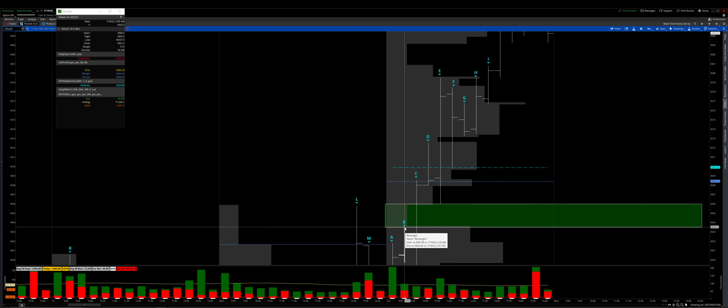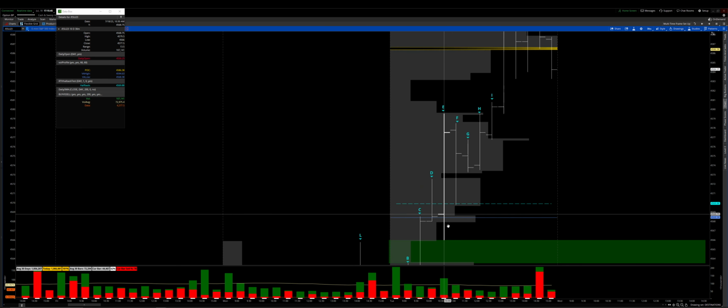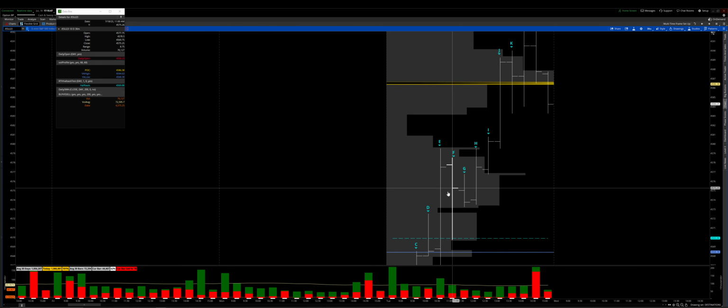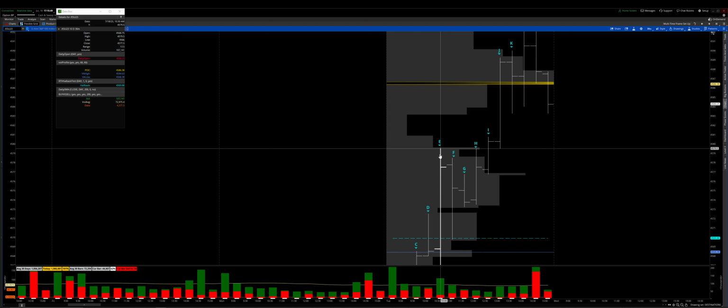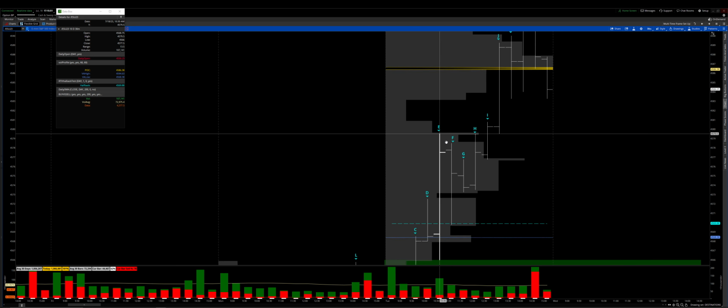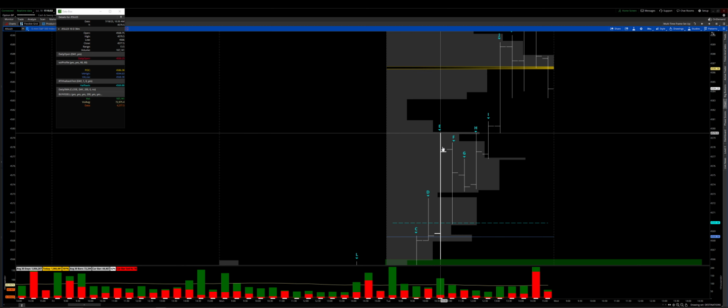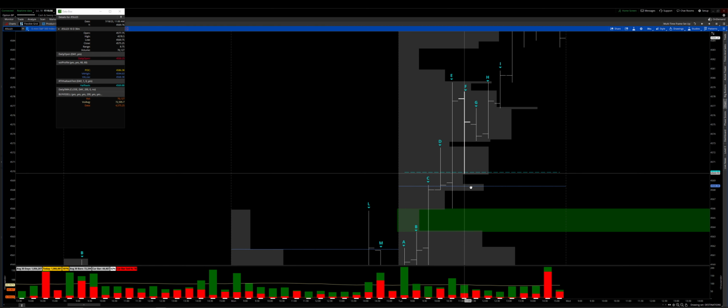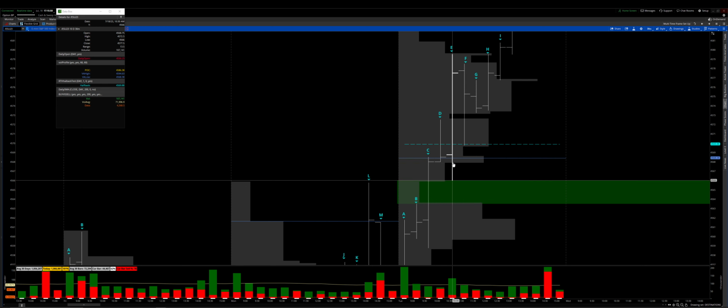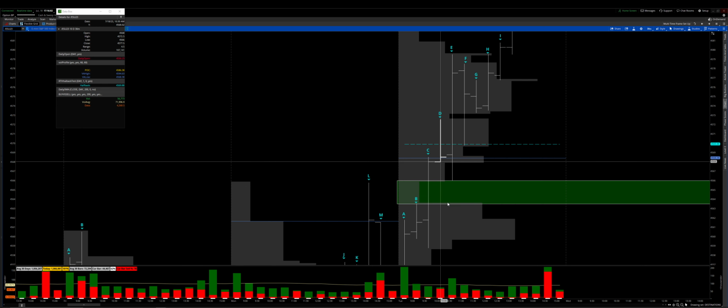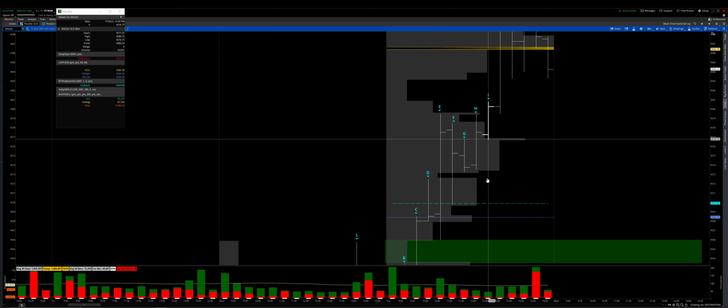We didn't quite get to 63.50. We pulled back and boom, trampoline bounced up to a high of 79.50 on the day. Really good positive thing for the buyers, right? That's what you want to see as a buyer: pull back into that set of single prints, find more buyers, bounce, and then set new highs on the day.